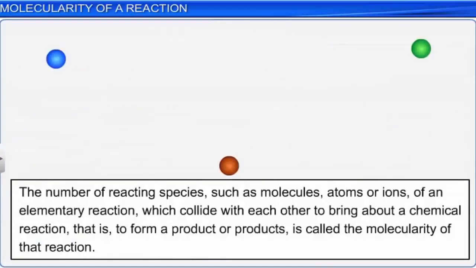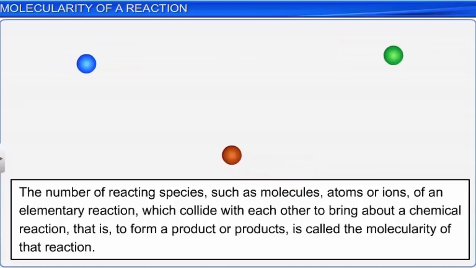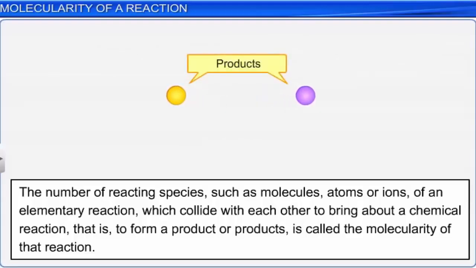The number of reacting species, such as molecules, atoms, or ions, of an elementary reaction, which collide with each other to bring about a chemical reaction, that is, to form a product or products, is called the molecularity of that reaction.